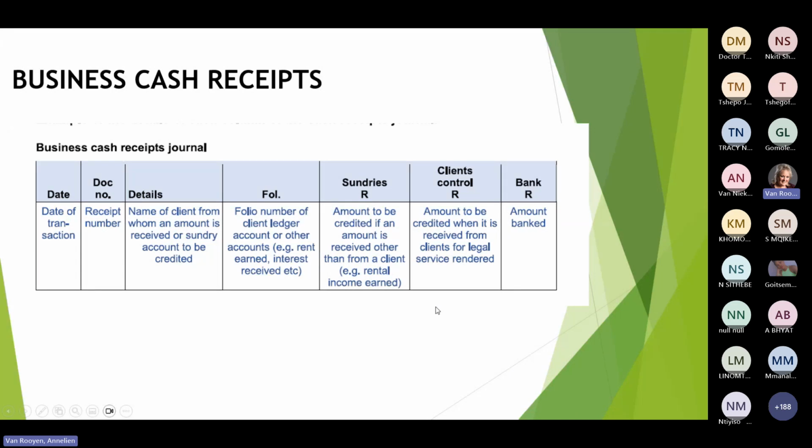Say you buy stationery from me, and that's my business. I sell stationery on a daily basis. I will charge you 15 Rand VAT on a book that costs 100 Rand.